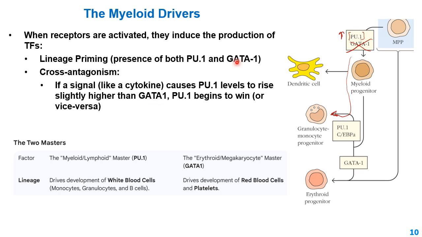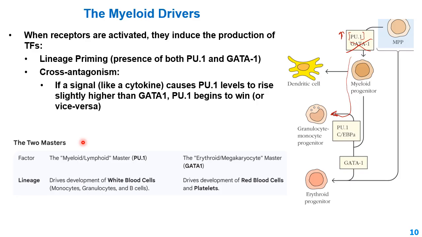So it's like a seesaw here. Okay. If you increase GATA1, then you suppress PU1, and your path is going to go towards red blood cell formation. Okay. So there is a whole check and balance of levels of transcription factors that is going to determine whether the cell is going to go one way or the other way.